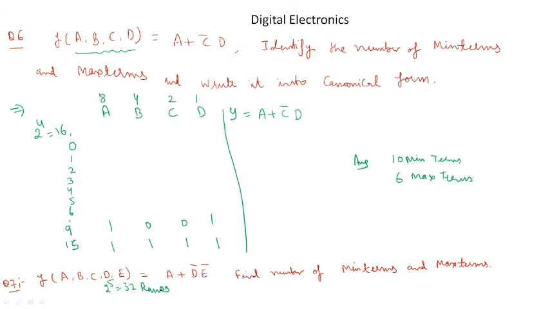You can make the 32 rows by selecting the decimal numbers from 0 to 31, and then you can write your input variables. In this problem you will find 20 min terms and 12 max terms. So try to solve these problems yourself. If there is any problem, then I will tell you. Thank you.